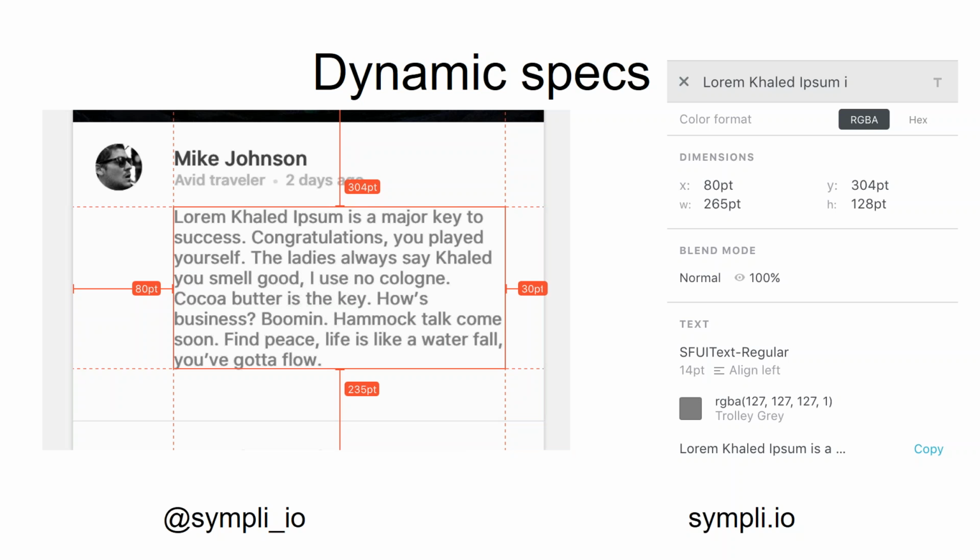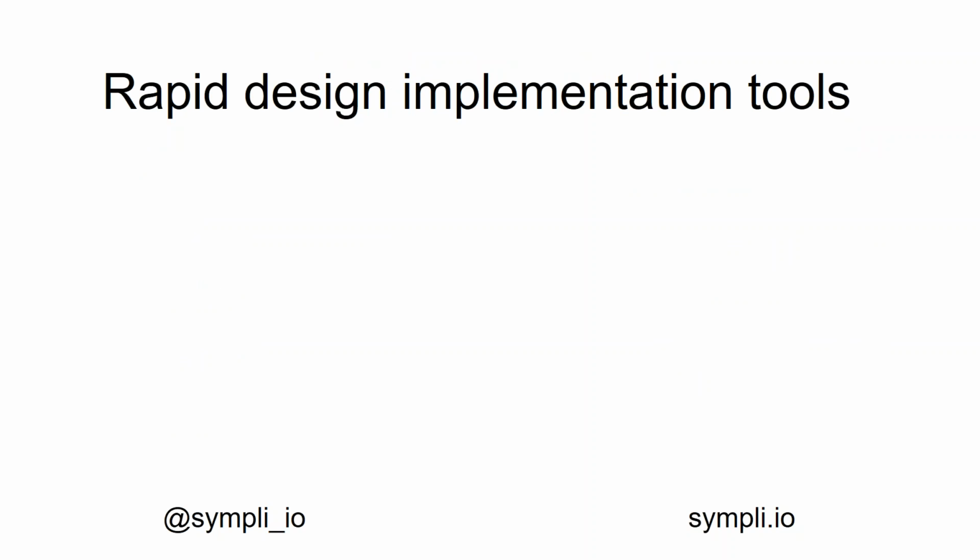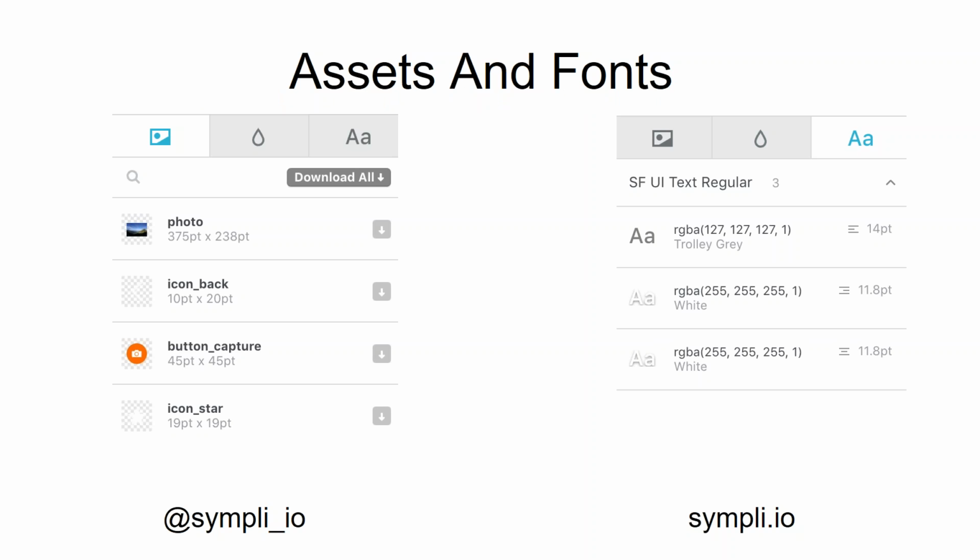It includes dimensions, positions, text styles, and many other things. We provide access to pre-generated assets, and they're generated for all different DPIs, which is very important for mobile platforms. For instance, for Android, we generate a set of 6 images for each particular picture. We generate a color palette, and we name colors for developers, and we generate a font style book.